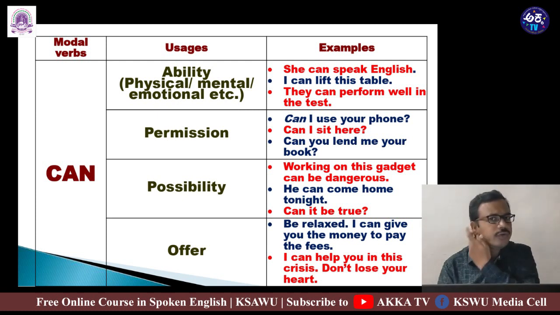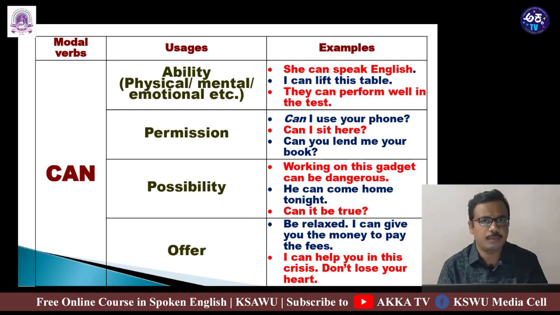So can is mostly used for ability. It may be a physical ability, mental ability, or emotional ability, right? She can speak English. It is her intellectual ability or mental ability. She has the ability to speak English. She can't speak German. She doesn't have the ability to speak German, but she has the ability to speak English.